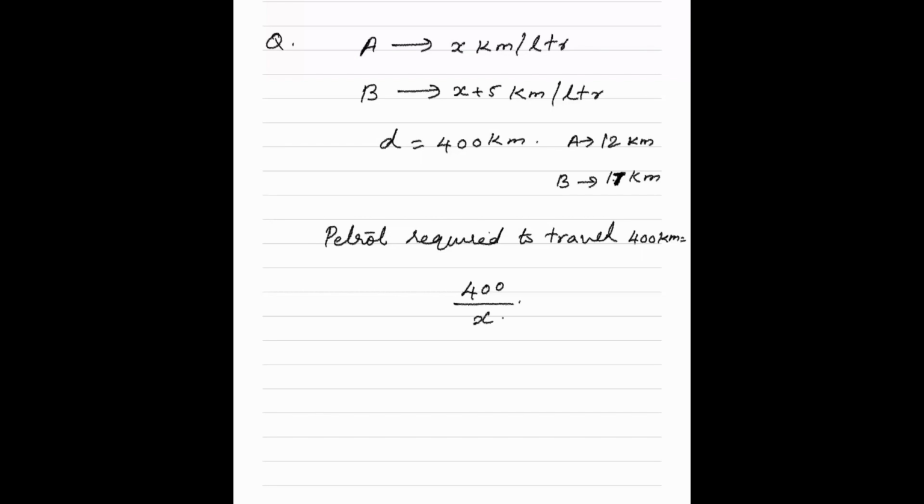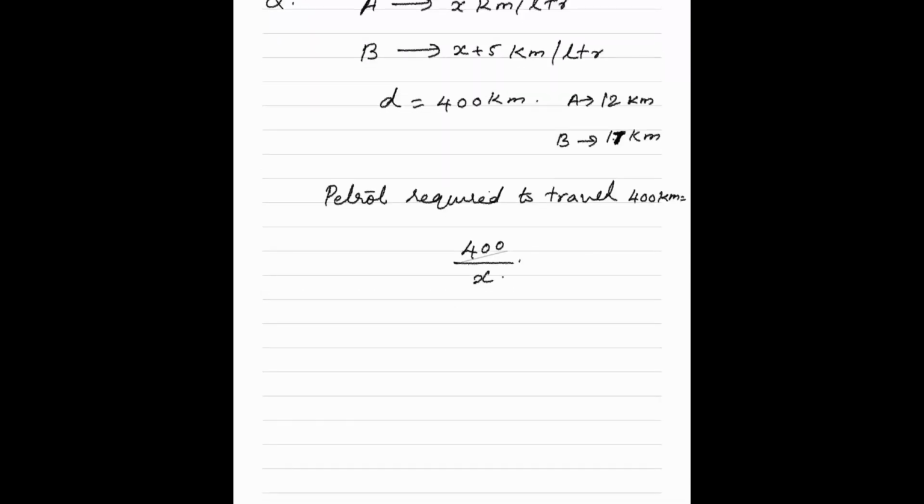So 400 by X. See, the simple thing is, assume that 10 kilometers can be covered with 1 liter of petrol. Now I need to travel 100 kilometer. For traveling 100 kilometers, how much petrol do I need to put in my car?